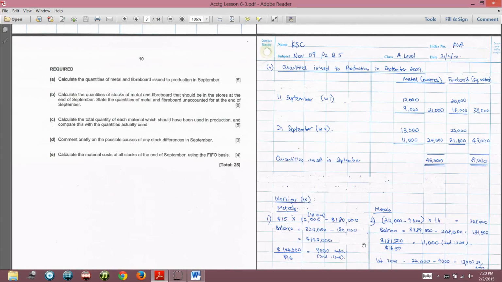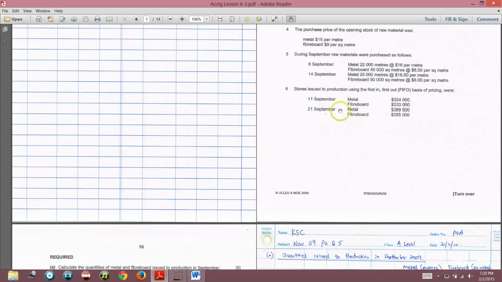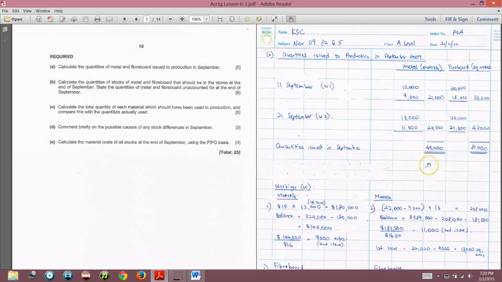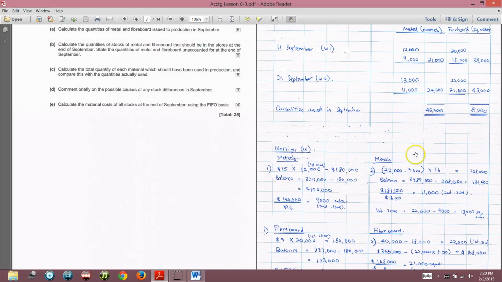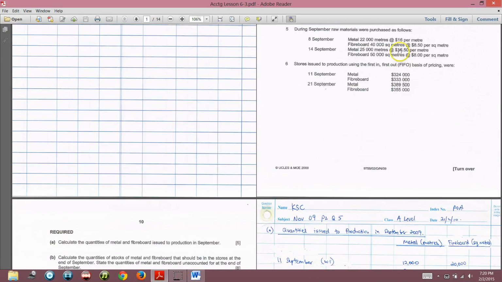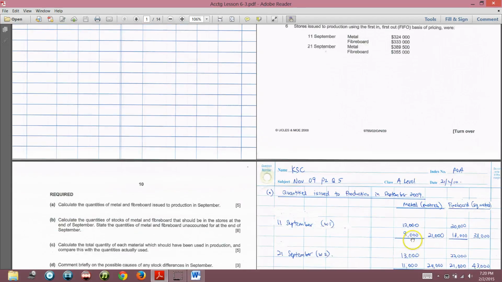Then on 21 September, the question says the cost of the metal issued to production is 389,500. You see, the purchase on 8 September is 22,000. Out of these 22,000, 9,000 meters was issued to production on 11 September, like we have calculated here.